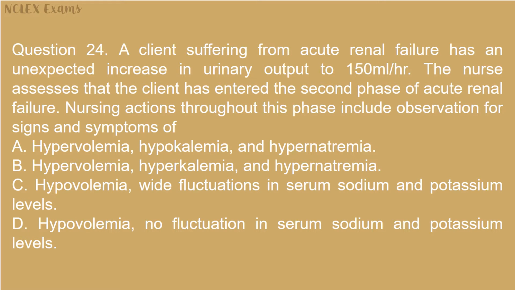Question 24. A client suffering from acute renal failure has an unexpected increase in urinary output to 150 milliliters per hour. The nurse assesses that the client has entered the second phase of acute renal failure. Nursing actions throughout this phase include observation for signs and symptoms of A. Hypovolemia, hypokalemia, and hyponatremia.